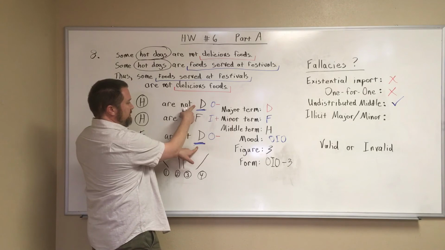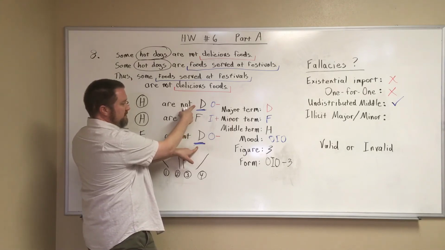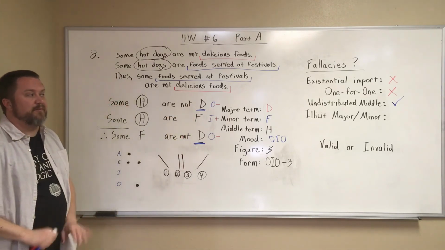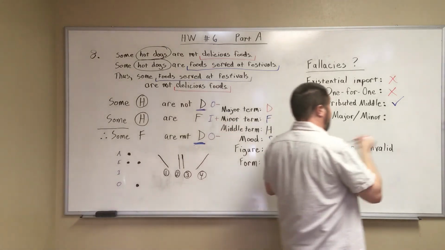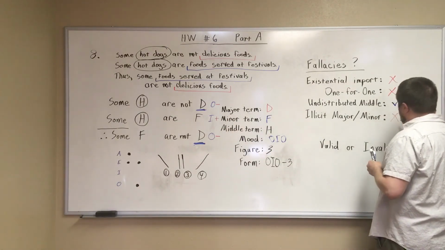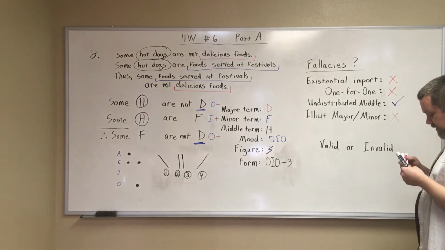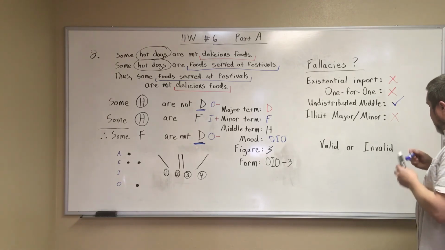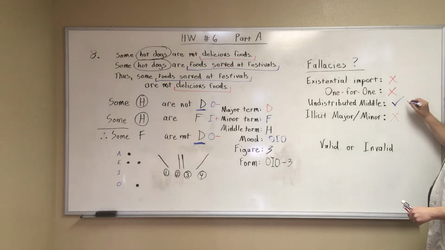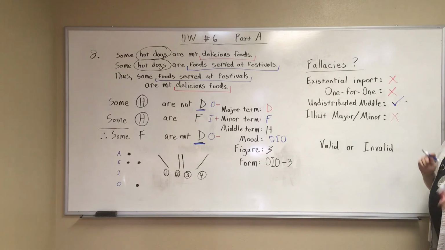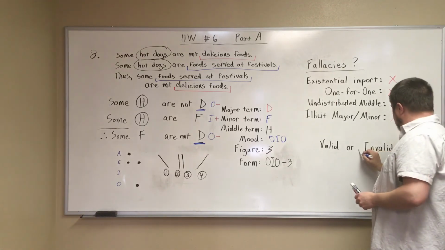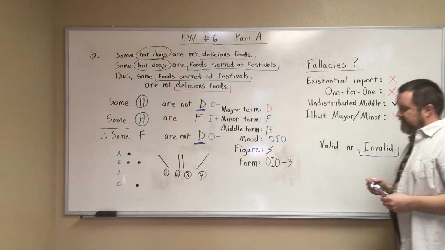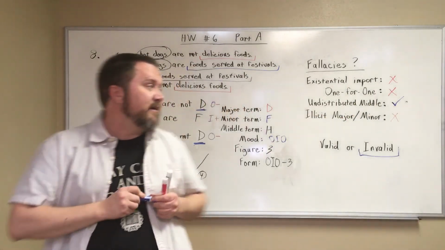The only other place it appears is in the major premise, and it's distributed in both. So we're good there. It doesn't violate either the illicit major or the illicit minor. But because we do have one fallacy, and that's all we need, that is enough to tell us that this argument is invalid.